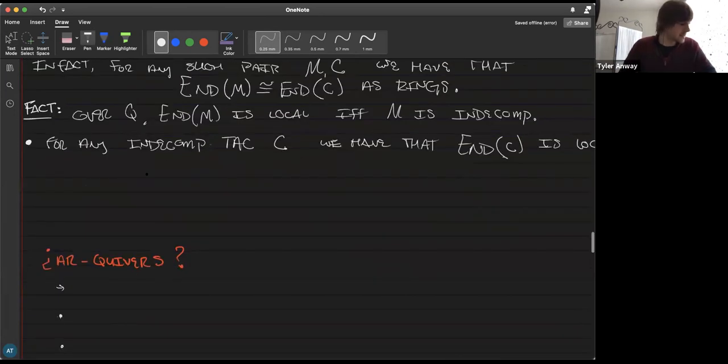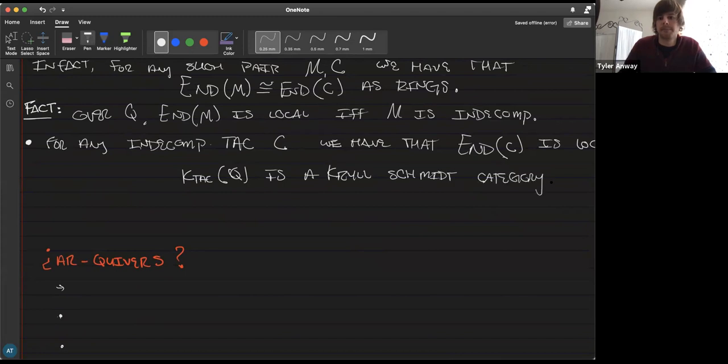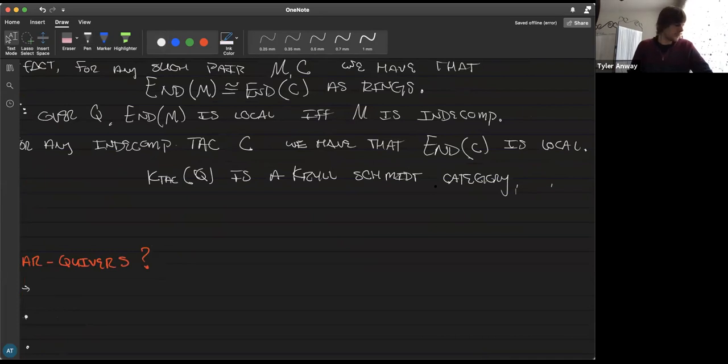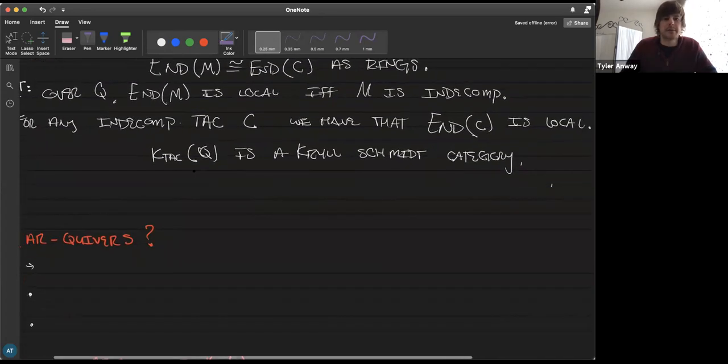Well, all of this to say that Ktac Q is a Krull-Schmidt category. Right? So why bring this up? What does this give us? Well, it gives us two important things.